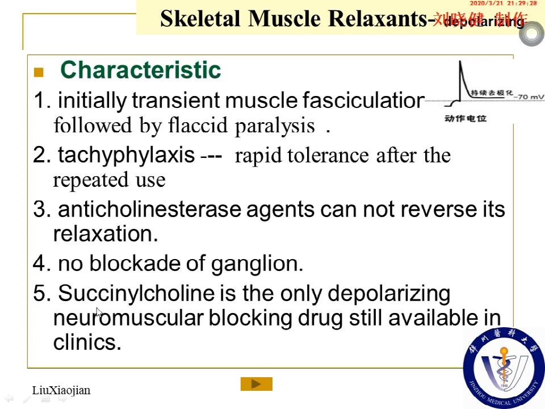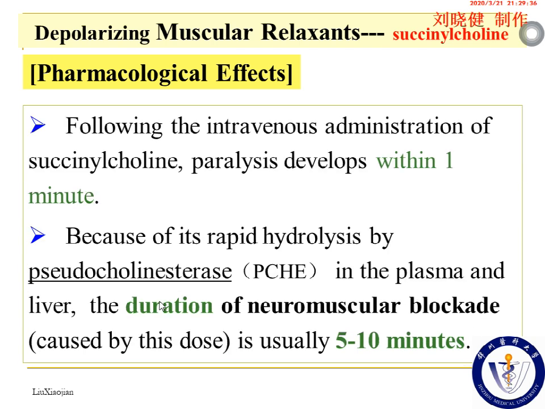Just now I mentioned, succinylcholine is the only depolarizing muscular blocking drug still available in clinics. Following intravenous administration of succinylcholine, paralysis develops within 1 minute. So the onset of this skeletal muscle relaxation is very rapid.